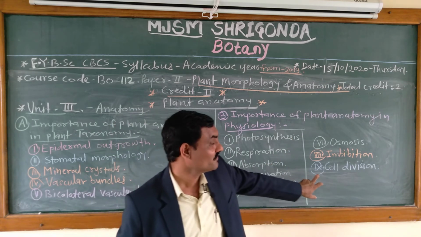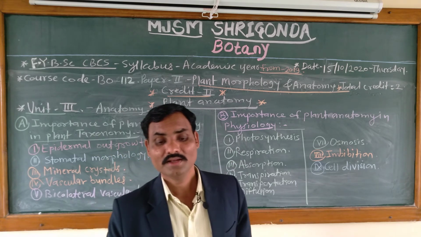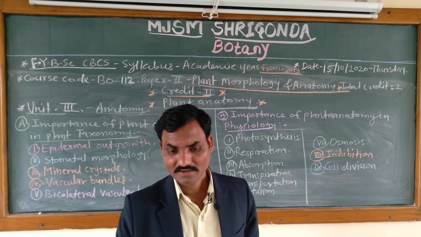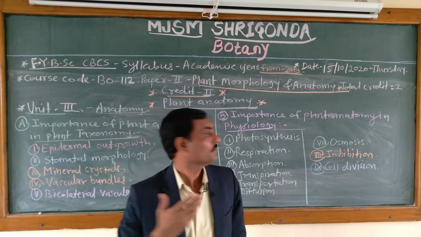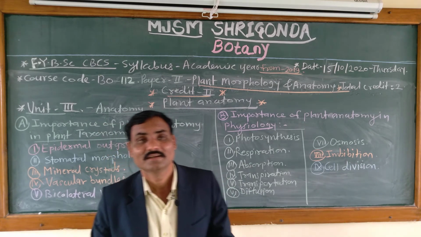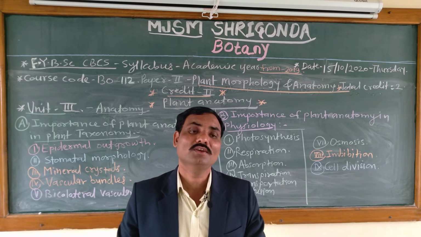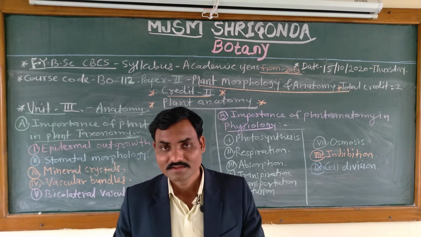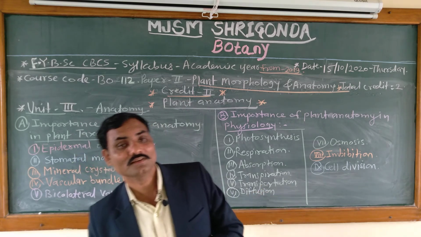Then the last point is cell division. How cell division plays a very vital role in the study of plant physiology. We know that the apex, or apical meristem, plays a very vital role in growth and development, and in that growth and development cell division also plays a vital role.